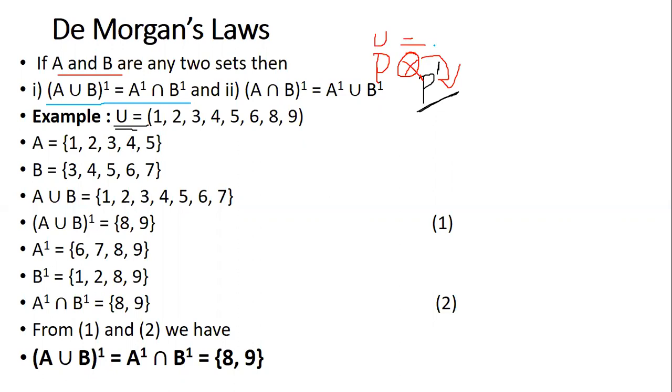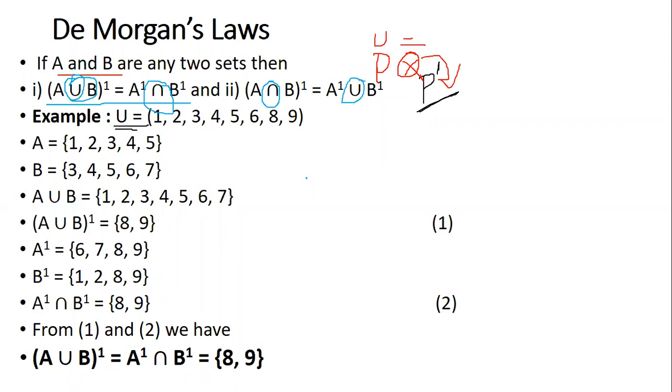So there is a change in union and intersection. It is very easy to remember, because if you have union on one side, you have intersection on the other side, and vice versa.